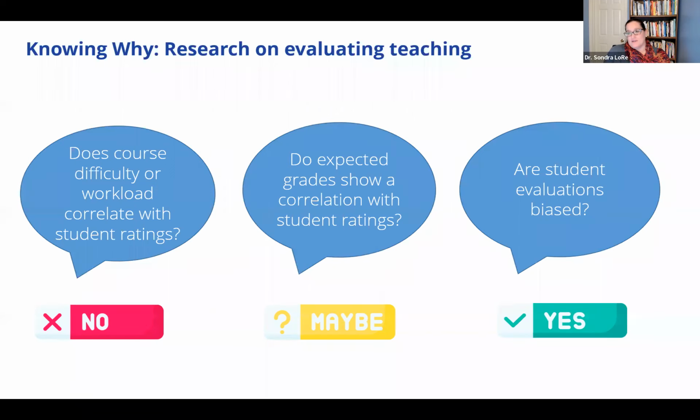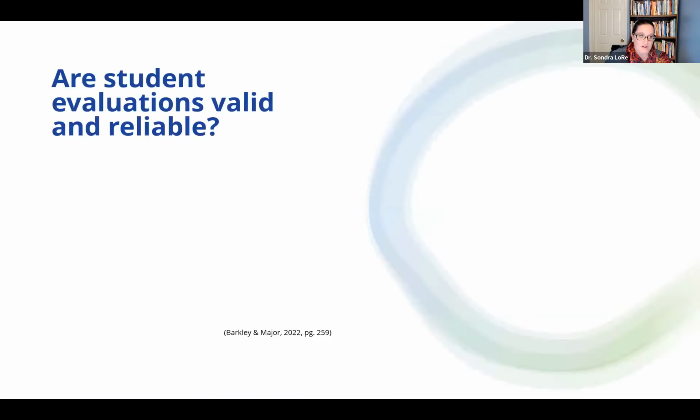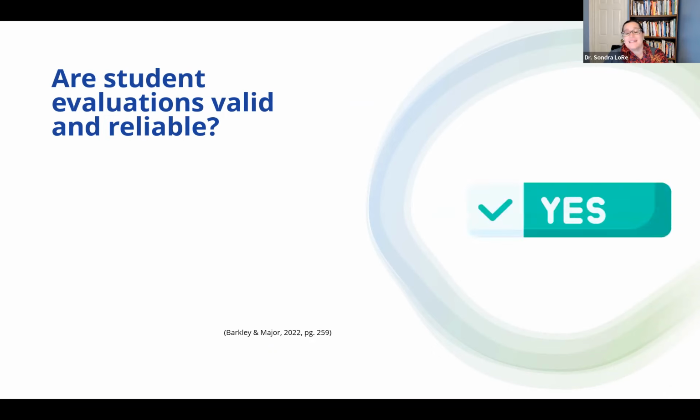So yes, just like all of us in everyday lives, student evaluations are biased. So does that mean that student evaluations are valid and reliable? Overall, yes, statistically, they are valid and reliable, but we know that there are issues with them. We know there are areas where they're ineffective, but they are statistically valid and reliable.